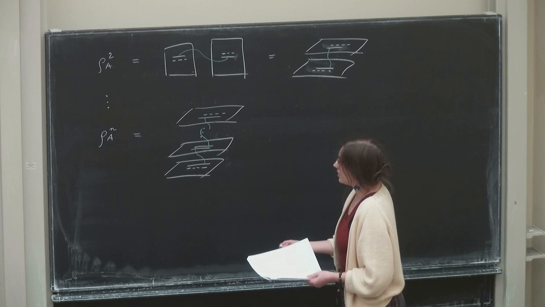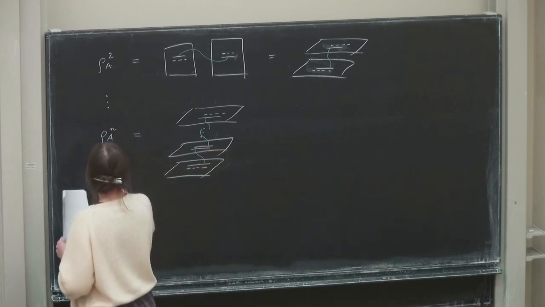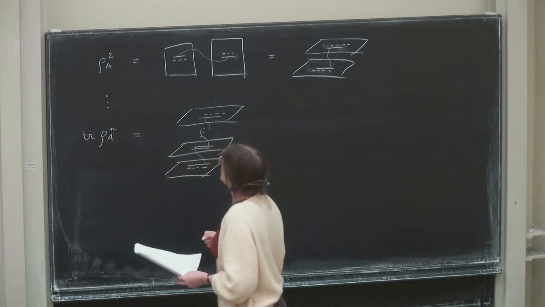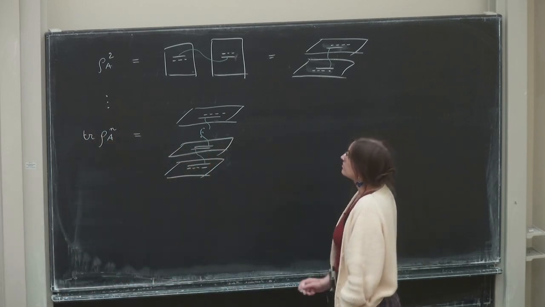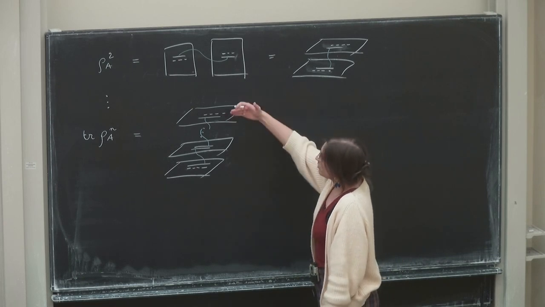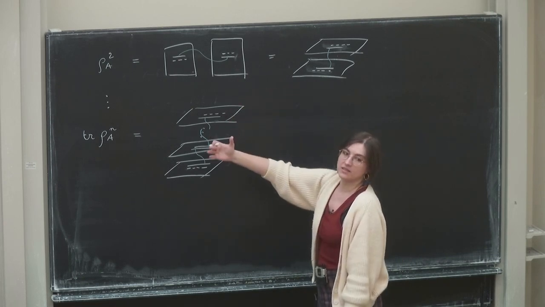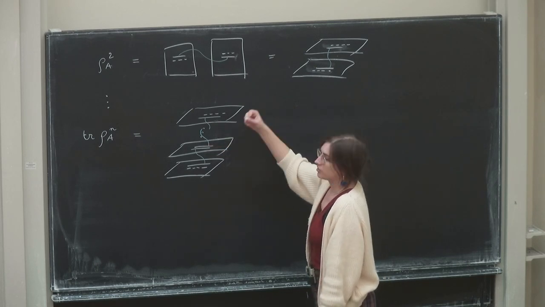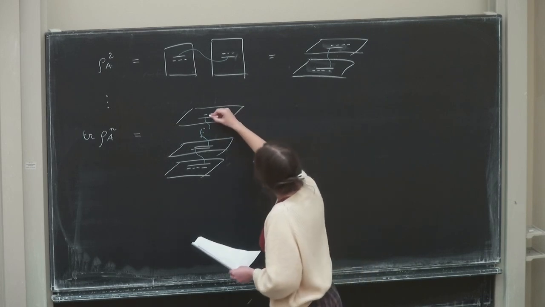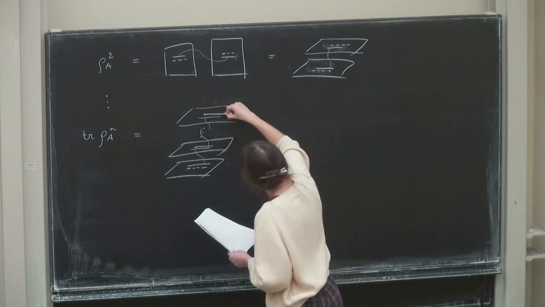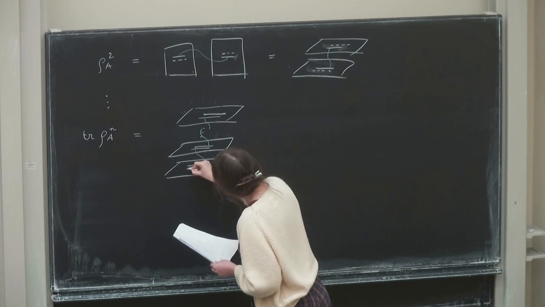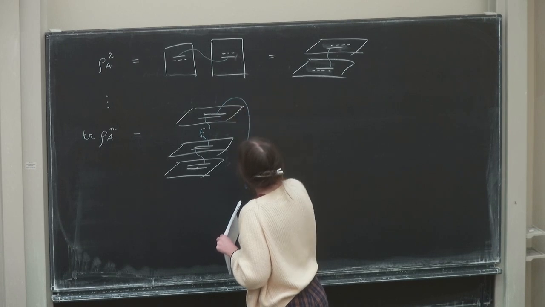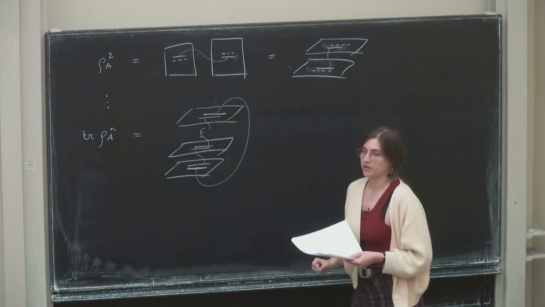Next, let's take the trace. Taking the trace of this object means imposing boundary conditions on the remaining dashed lines, identifying those boundary conditions, integrating over them, which amounts to gluing them, which is taking this line and this line, solidifying them, and identifying them.